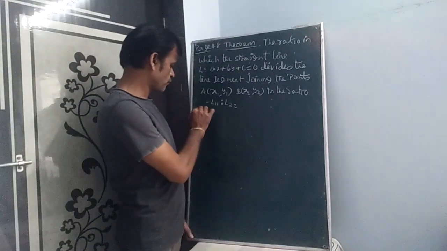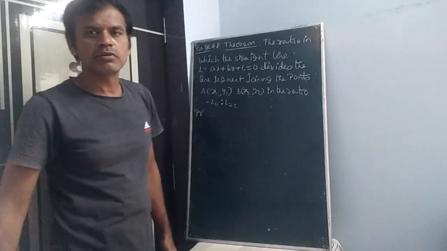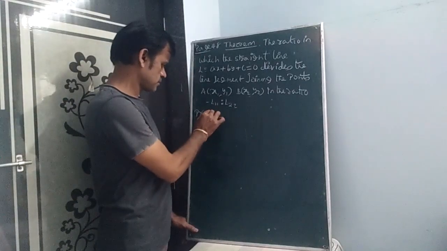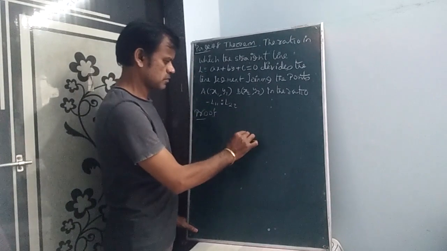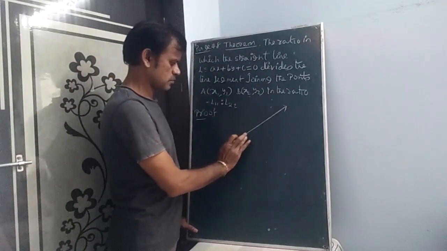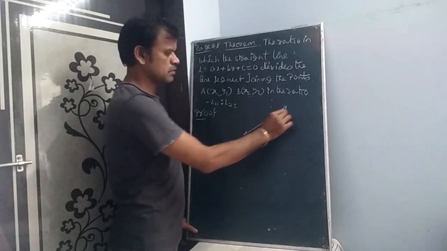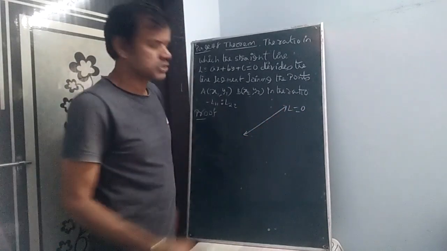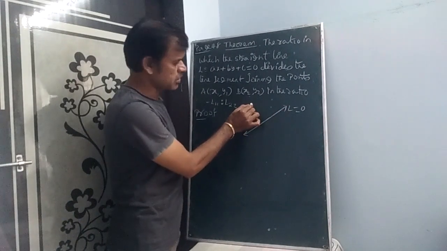Draw the proof. Before going to discuss the proof, draw the diagram first of all. Write this line L equal to 0 and draw the points like this.